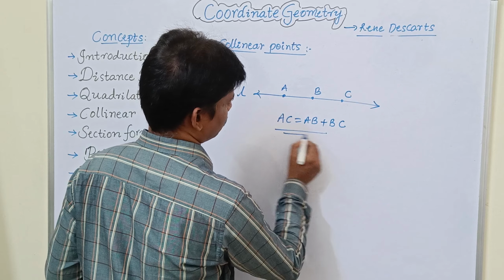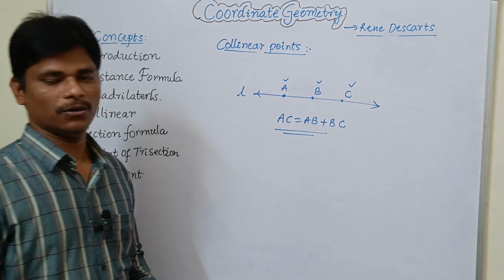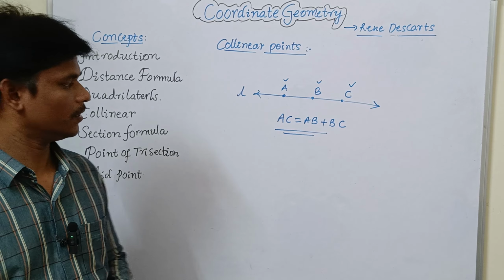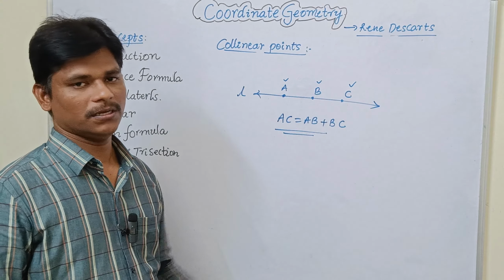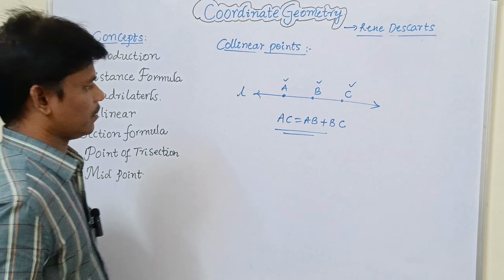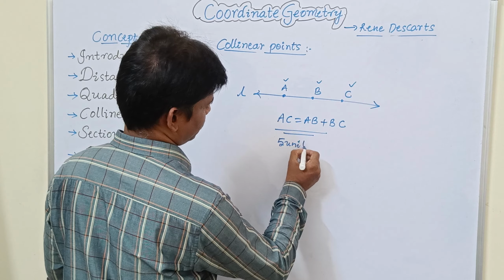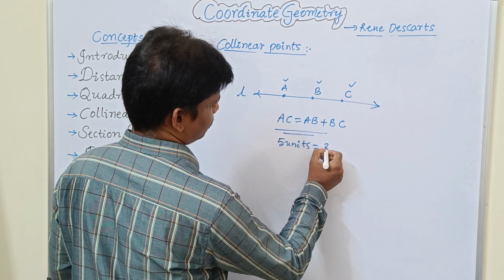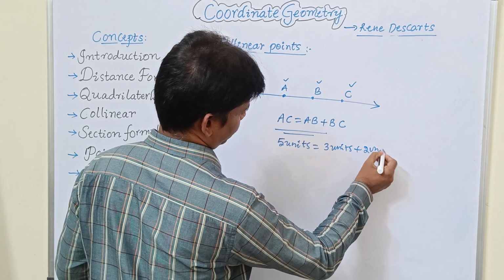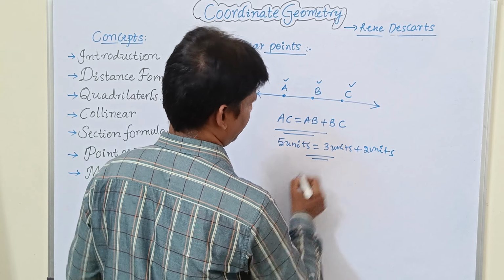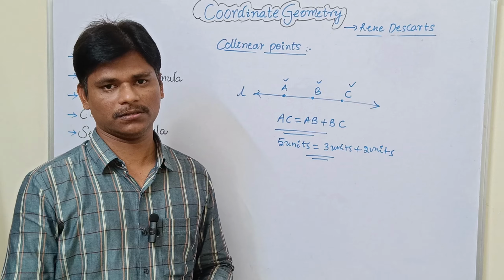Then only the three points A, B, C are collinear. Suppose AC is 5 units, AB is 3 units and BC is 2 units, then the given three points A, B, C are collinear.